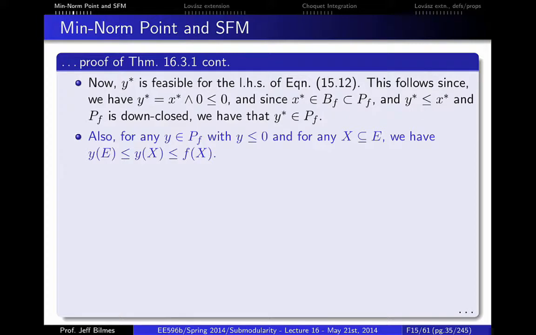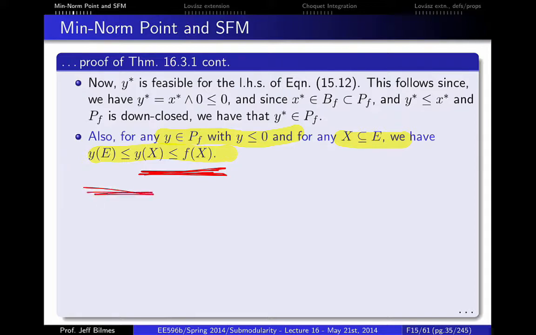On the other hand, for any y in the polyhedron that's strictly non-positive, and if you take any X which is a subset of E, we have y of E is less than or equal to y of X, which is less than or equal to f of X. So this inequality here is because y is in the polyhedron.